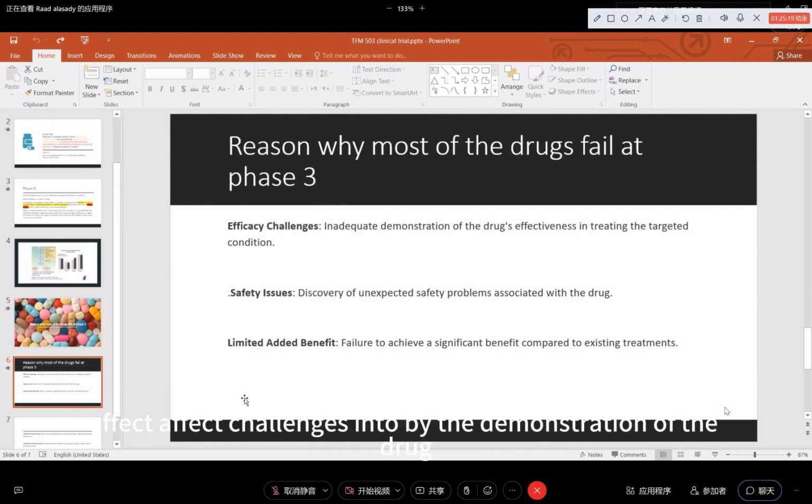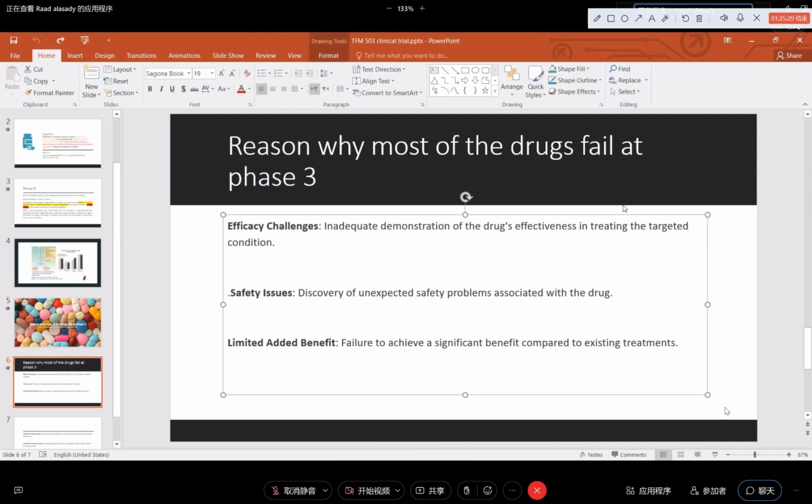Effect: challenges in the demonstration that the drug is effective. Safety issues: discovery of a safety problem associated with the drug.